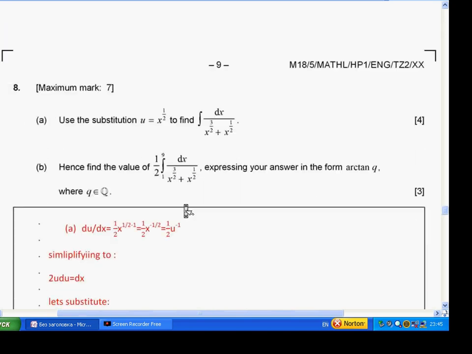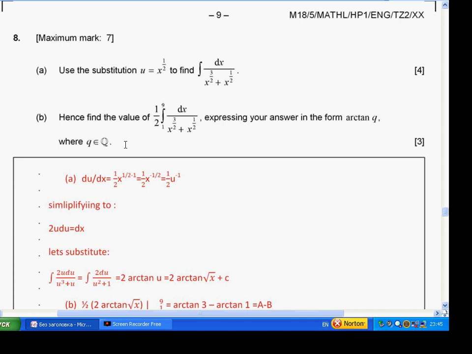Question 8, integration. A, u-substitution suggested to find this indefinite integral. First of all, we should substitute not only x but also dx. To do that, we use this expression and differentiate it with respect to x, both sides.